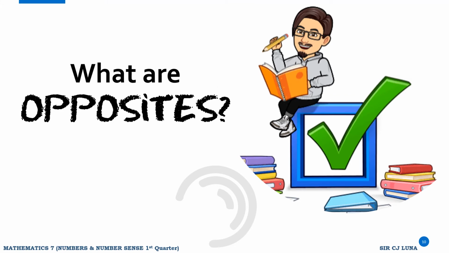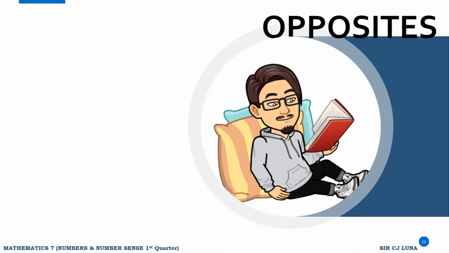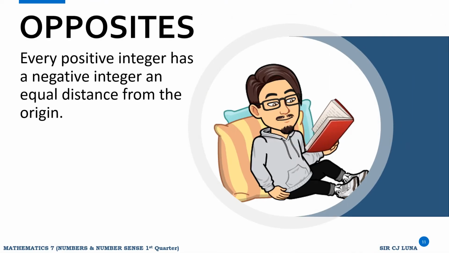Ngayong klaro na sa atin ang integers, atin naman ngayon tatalakayin ang mga opposites. Ano nga bang ibig sabihin ng opposites? Ating alamin. Opposites. Every positive integer has a negative integer an equal distance from the origin.